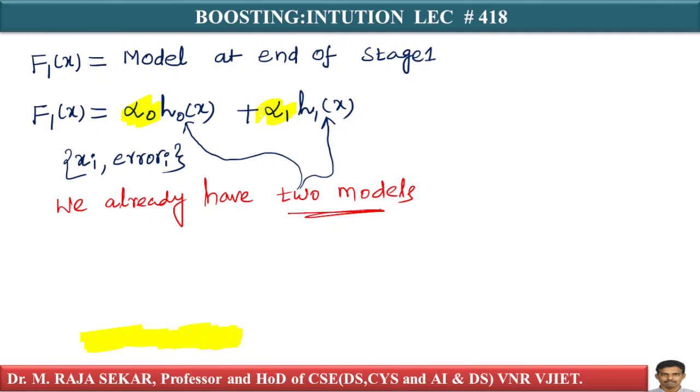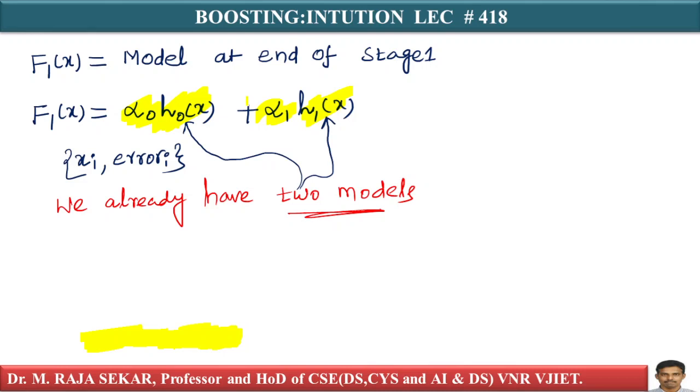We will learn this in the next few lectures. We will learn how to compute h naught of x, h1 of x, alpha naught and alpha 1 in the next few lectures.